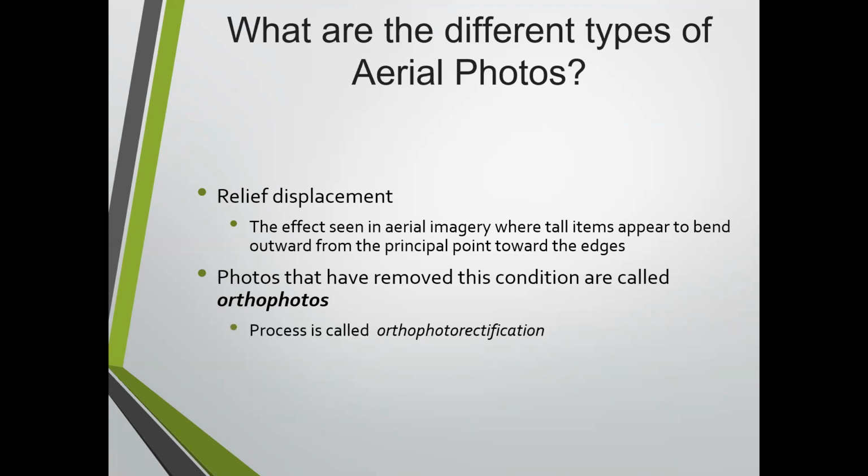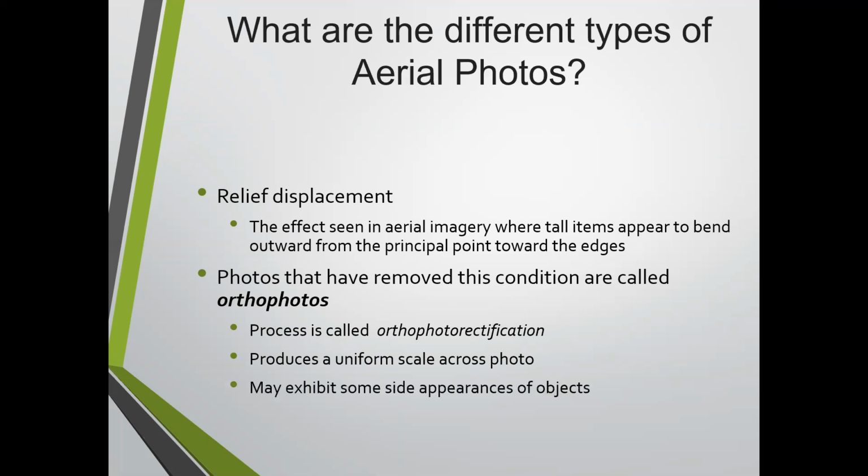So this process where you're producing those orthophotos is called orthophoto rectification. And what this does is it takes that scale that's constantly changing, and it produces a uniform scale across your photo. And once you have a constant scale, then you can start using it for mapping purposes.